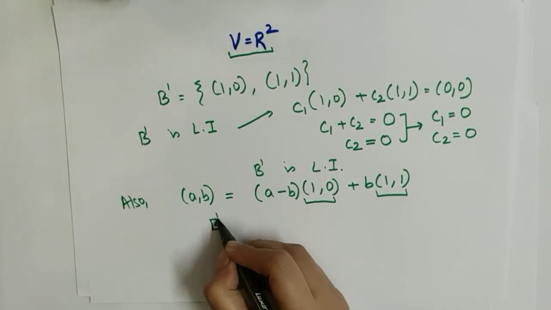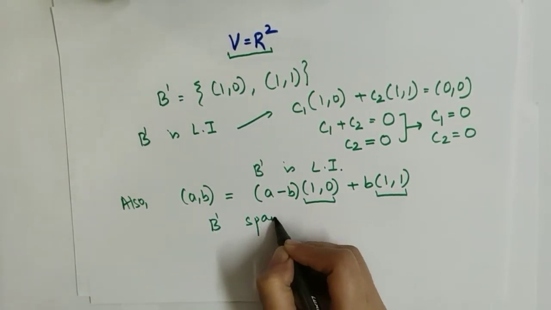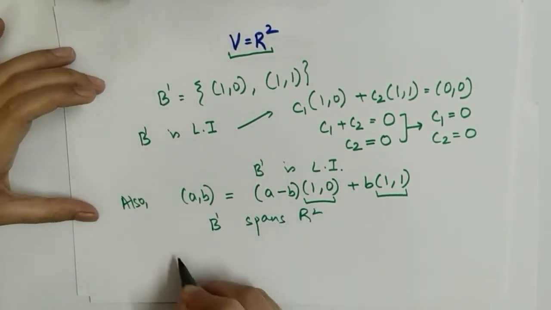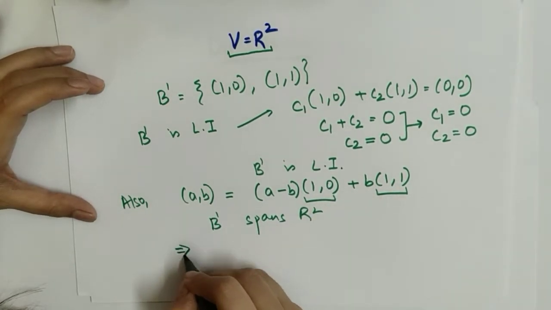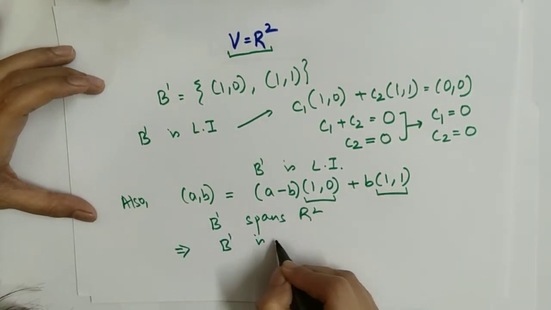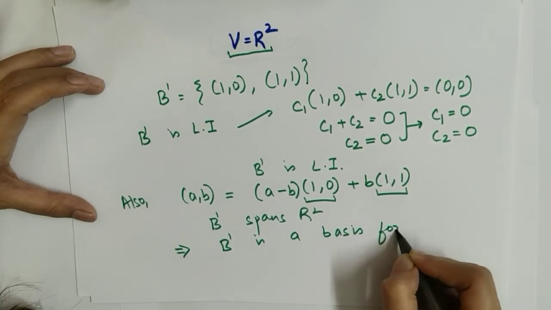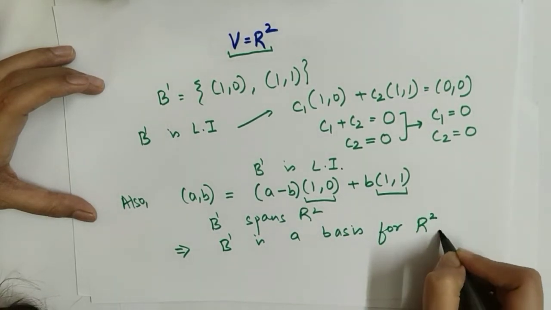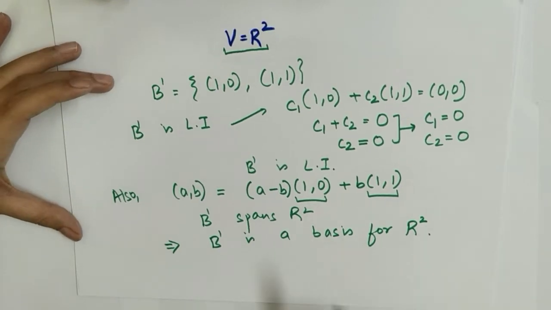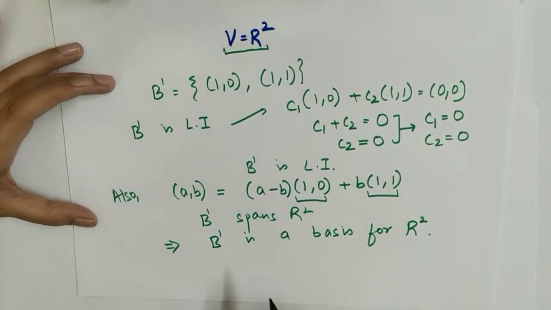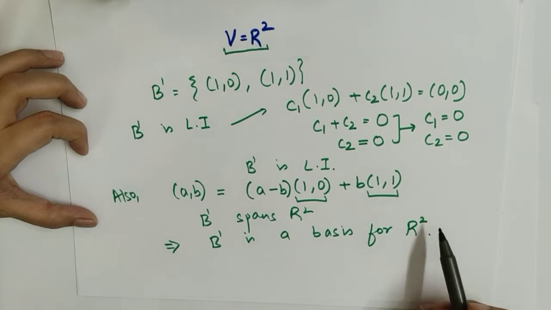Hence, B dash spans R2. This implies B dash is a basis for R2. So we see that B and B dash both are a basis for R2.